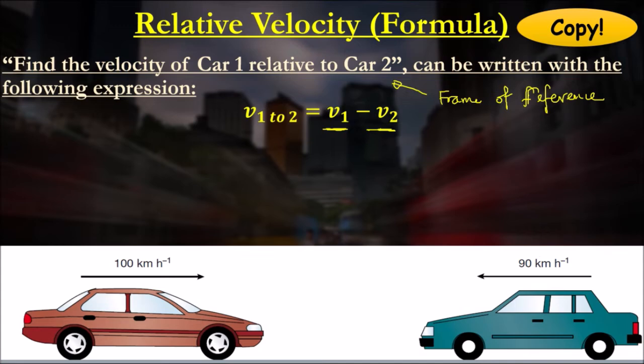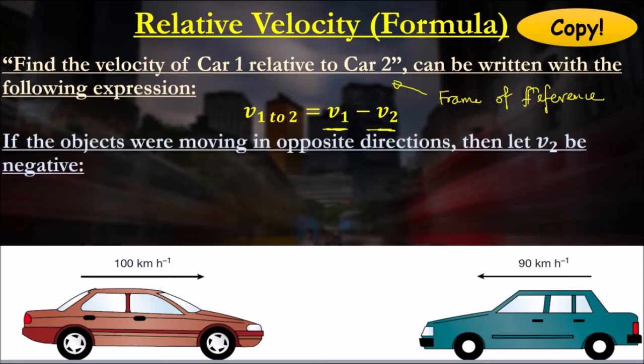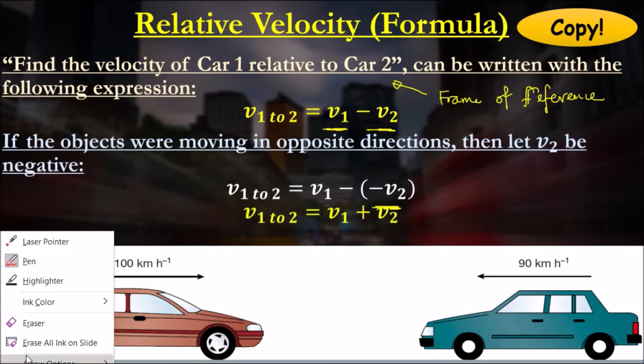So if they're moving in opposite directions, we can express the following. We can say that if they're moving in the opposite directions, then v2 would be negative, okay? So that's what we have, and then we can express the equation like so.